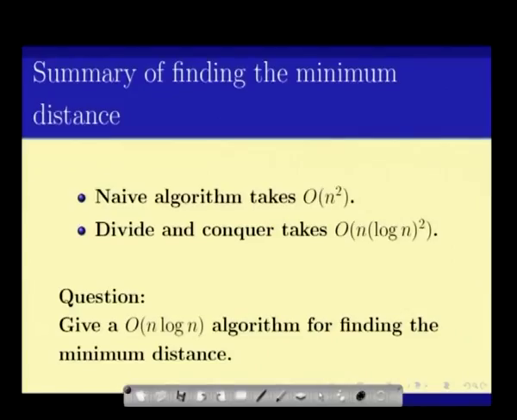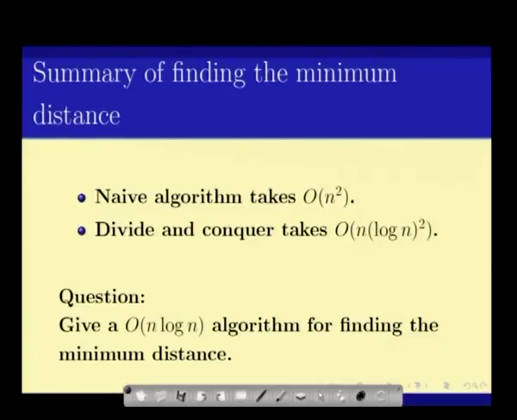To summarize, we had a naive algorithm that took order n squared steps, and then we used the divide and conquer approach to take order n log n whole squared steps. The question is, can one improve this to order n log n steps?